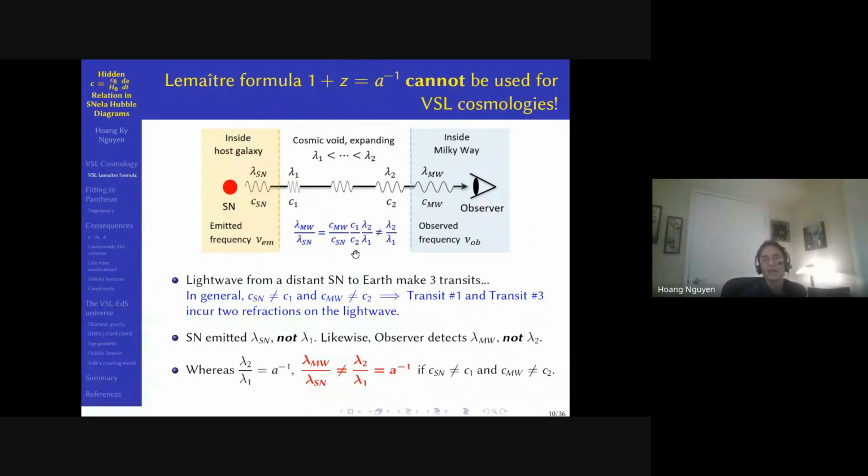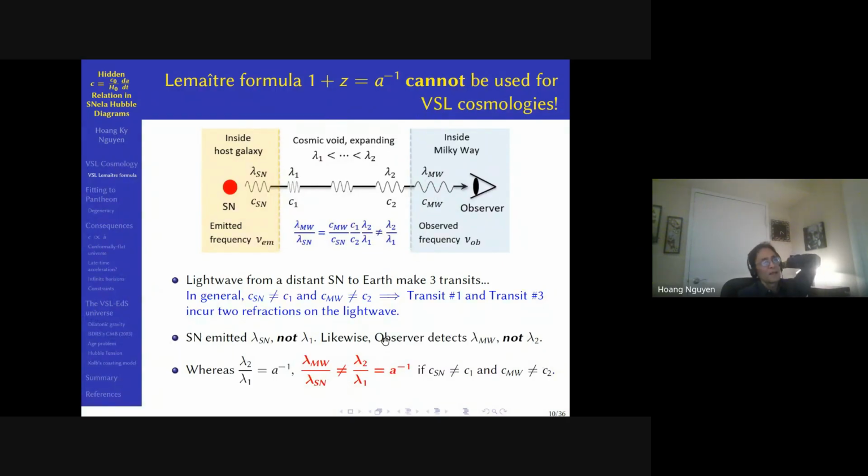So that already affects the Lemaitre formula in a fundamental way. Only when lambda Milky Way and lambda 2 are equal to each other, and C Milky Way and C2 are equal to each other, and CSN and C1 are equal to each other, then these two terms cancel out exactly, and we recover the Lemaitre formula. But that's a very strong assumption. And in general, it doesn't hold that way.